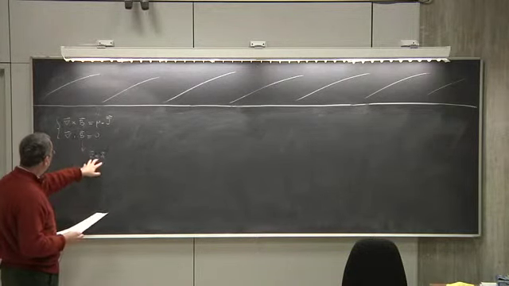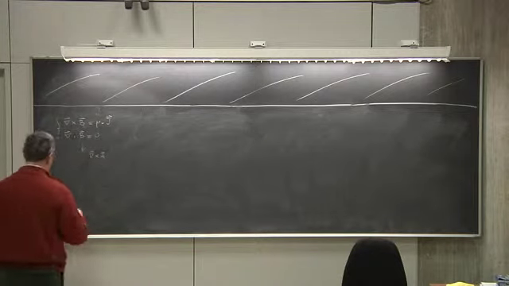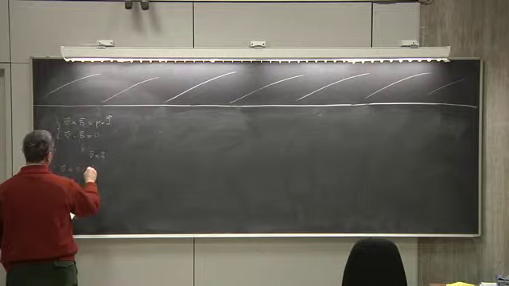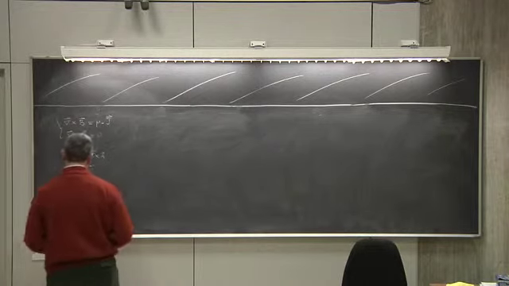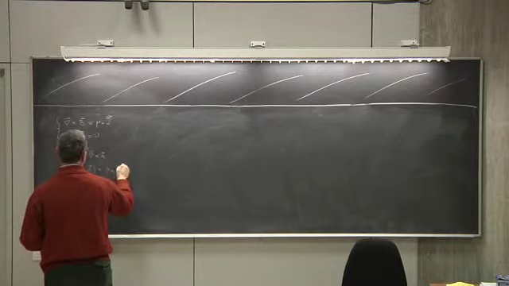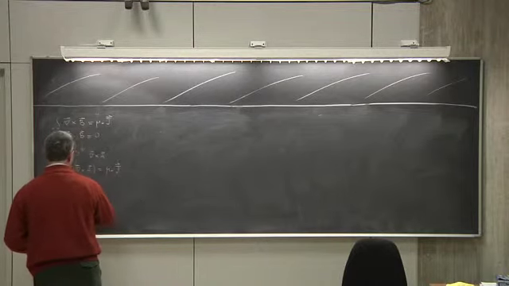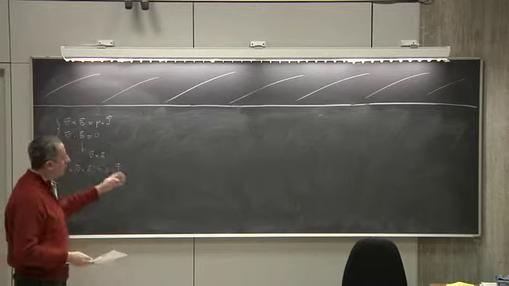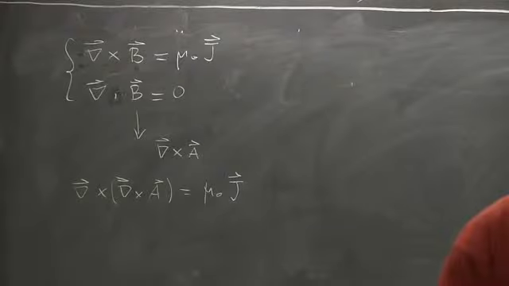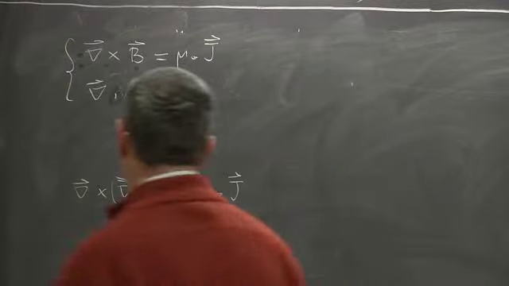So I can take this and replace it in the other equation. So I take the curl of the curl of A, and this is equal to mu naught J. Now again, this is a curl of a curl, so again we are in this situation of A cross B cross C. You see how useful that formula is.